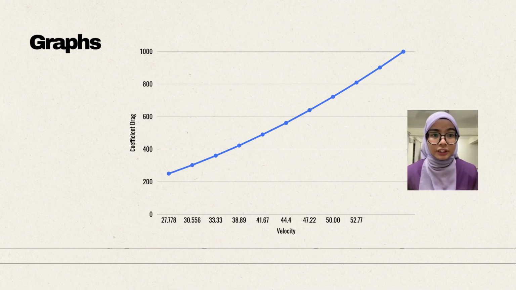For example, the drag force starts at around 250 Newton and increases up to nearly 1000 Newton. This indicates the drag force is highly dependent on velocity, where higher speed results in much greater air resistance. In conclusion, increased velocity has a strong impact on drag force.